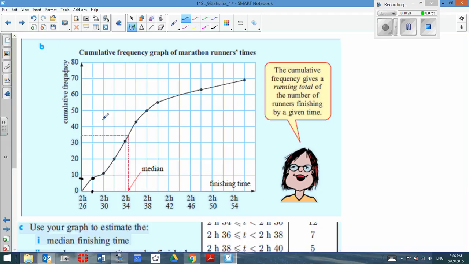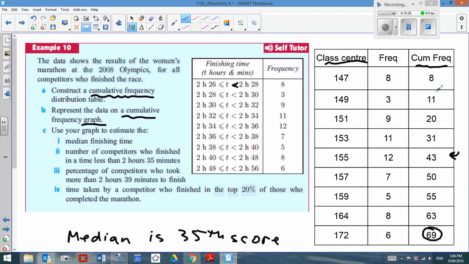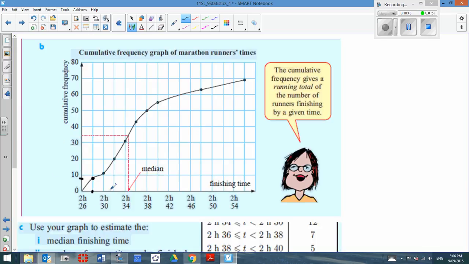Our second value is we now have 11 total that are at or below, not 147, we want to use the top, 2 hours and 28 minutes. So now we're using 2 hours and 30 minutes for 11 runners total. So here's our 2 hours and 30 minutes, and we have 11 runners total. Every time that we add another interval, we're saying this next total is at or below this next max.